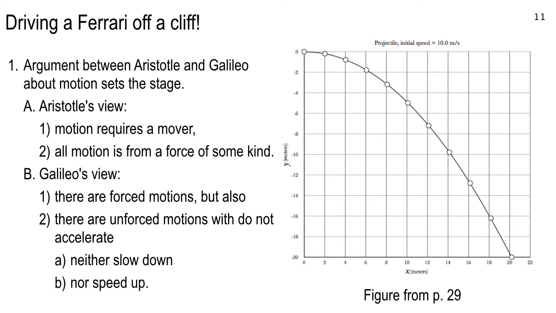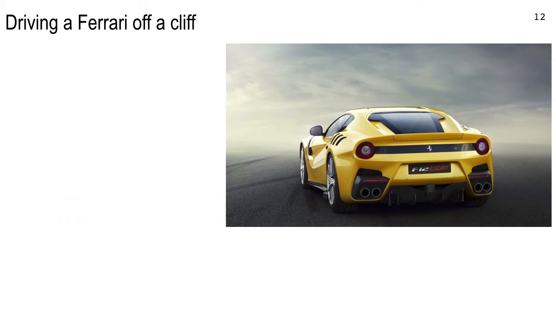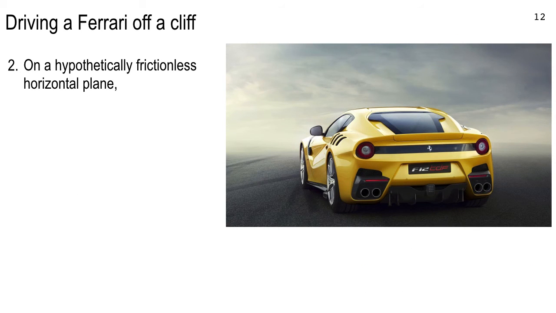And so let's take a look at this frictionless, this mythical place. All right, so item 3. What Galileo did, and you can read this in his dialogues and his writings, is he thought of a hypothetically frictionless horizontal plane that extended for a great distance.